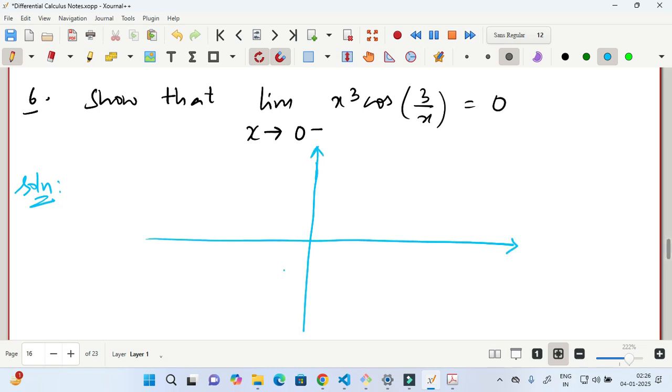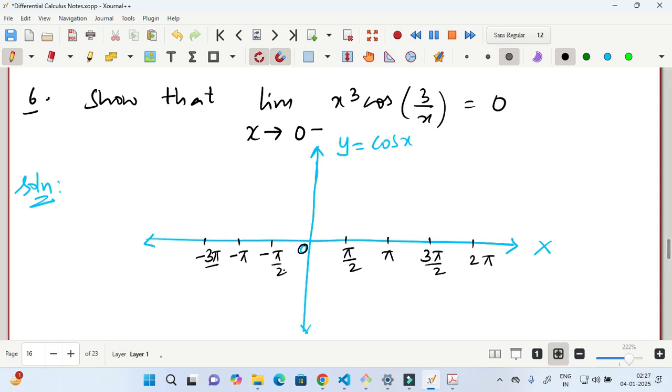This is the y-axis and this is the x-axis. So y equals cos x. x is 0, pi by 2, pi, 3 pi by 2, 2 pi, minus pi by 2, minus pi, minus 3 pi by 2, minus 2 pi.